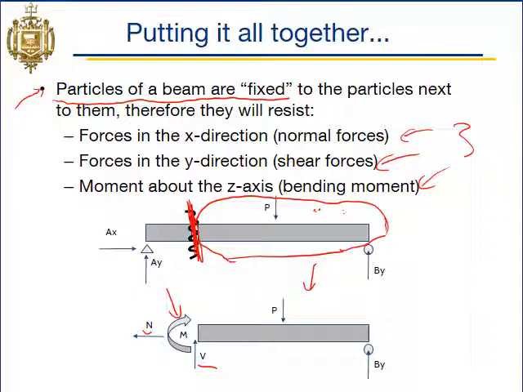So we can see that depending on where you may cut your beam up here, these values here might change, right? So let's say we were to analyze a cut here. If we analyze the cut here, this reaction moment would be smaller because it's closer to P. If we analyze a cut here, we can see that the reaction moment is going to be even smaller because now, if we just analyze this piece of beam, there's not even an applied load in there.